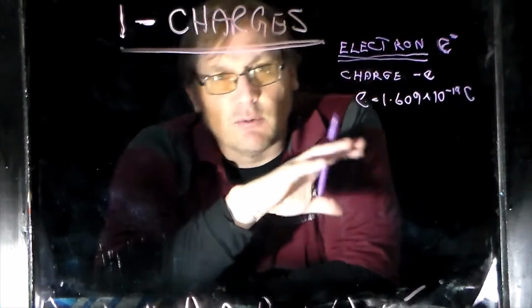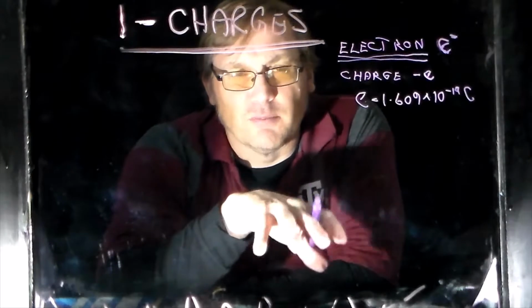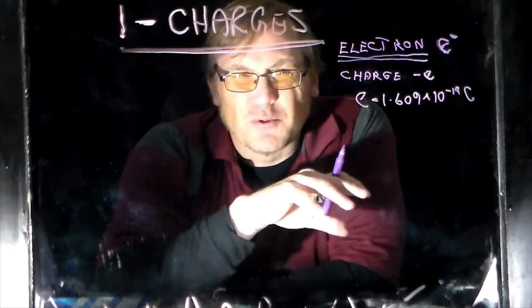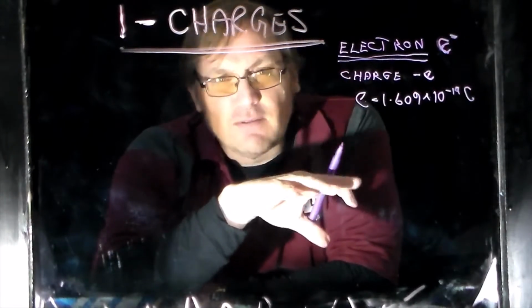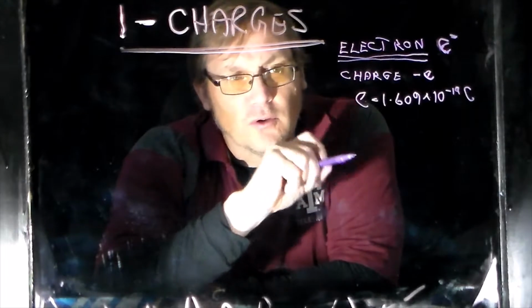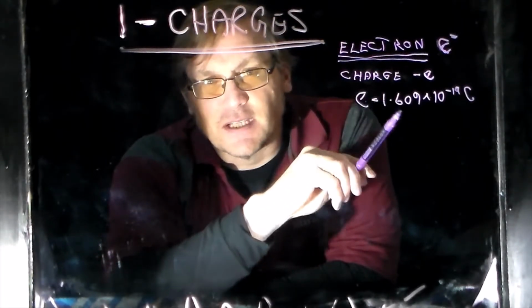Coulombs. Right, and a normal sort of charging thing is on the microcoulomb level, like 10 to the minus 9, 10 to the minus 6. That's a normal sort of charge. So even the small amount of charge things get in the real world, this is tiny. So we can sort of ignore the fact that this is in lumps.